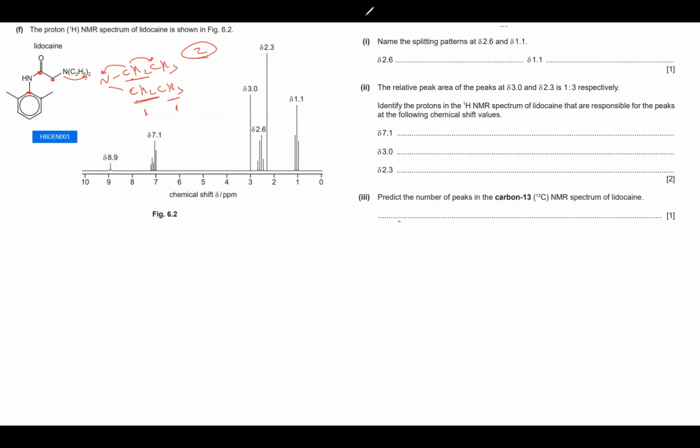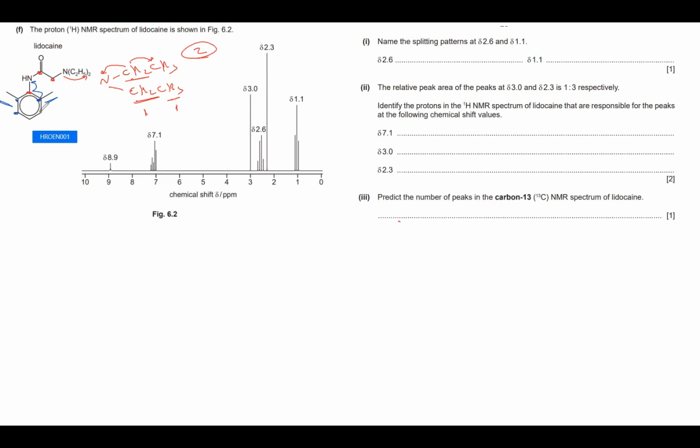this carbon, let me draw them with another color, just 1 second. Yeah, that's blue. This carbon atom and this carbon atom will give a peak in the same area. They are in the same chemical environment. Why? Both of them have CH3. Both of them are connected to C that is connected to N. So both of them are in the same chemical environment, so both of them will give 1 peak.